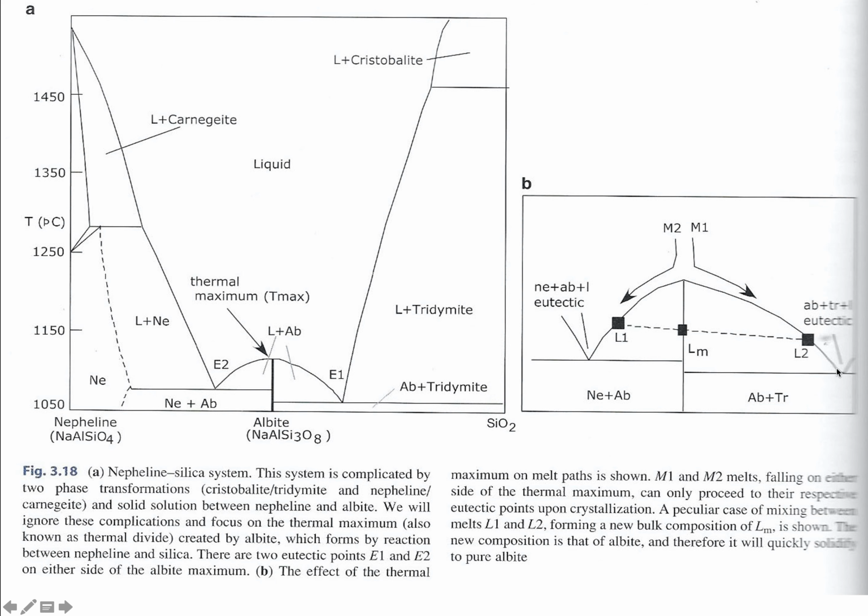Here in B we have just this inset. Here we have melt number 2 following this way, and we are forming at the eutectic point a rock containing nepheline and albite. Having a melt composition M1 going to that side, going down to the eutectic point, and forming a rock which contains the minerals albite and tridymite, a high temperature quartz modification, and we are sitting in the silica saturated system.